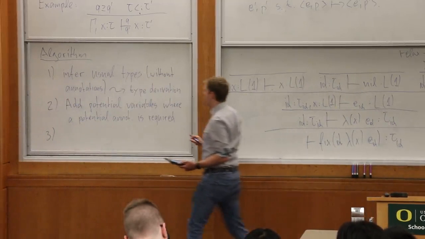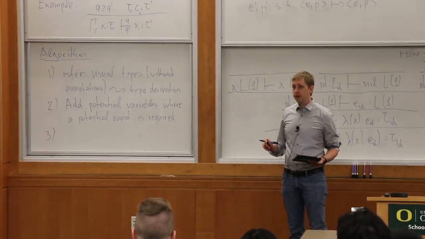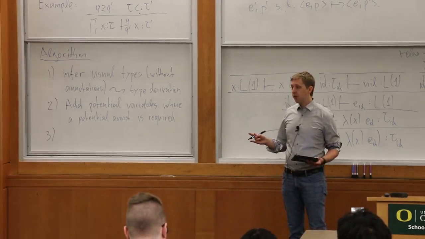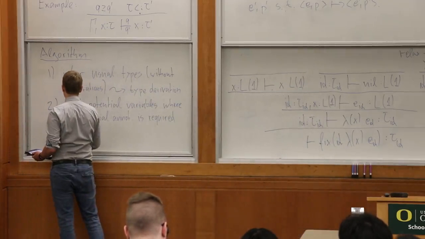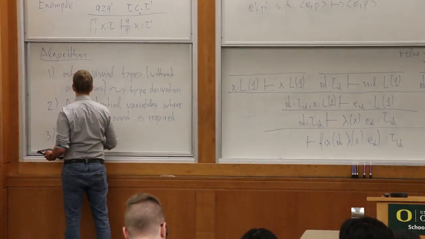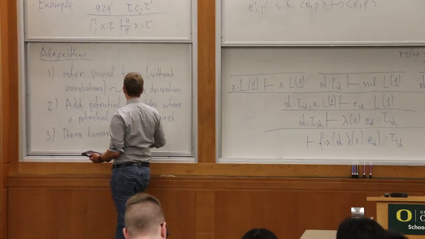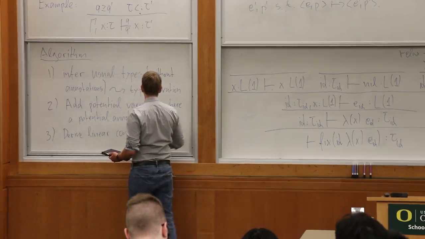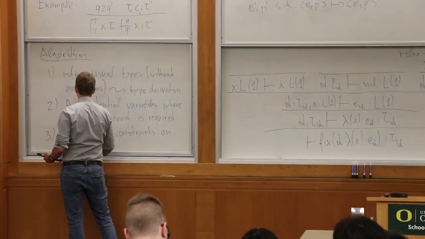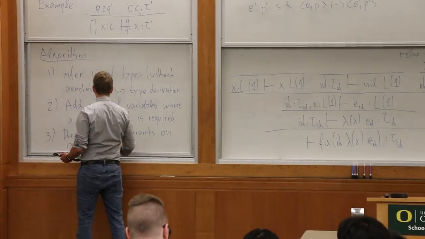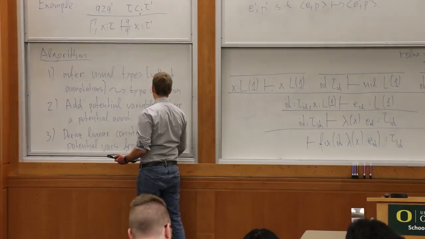And the third step is to derive, in our case, linear constraints that describe what the relation is between these variables on the potential variables, from the type rules.